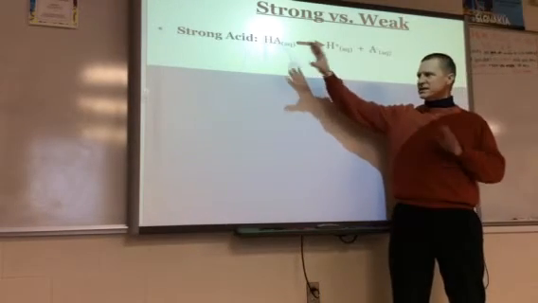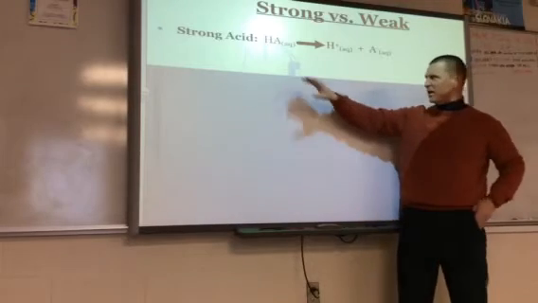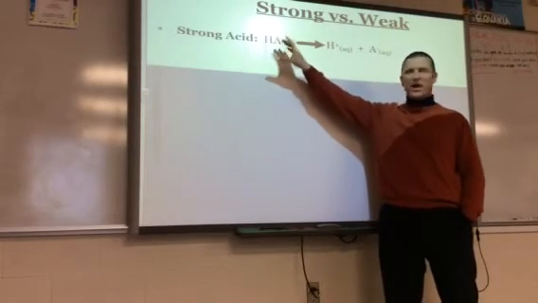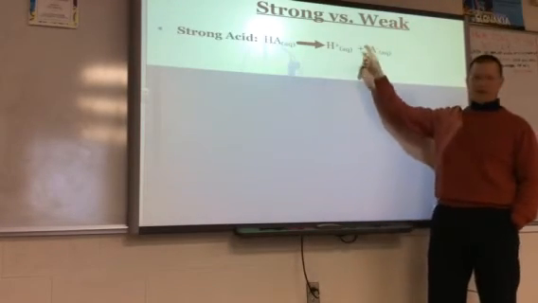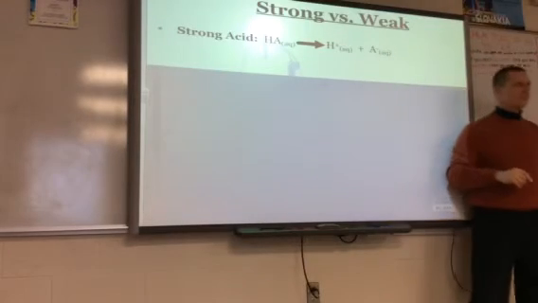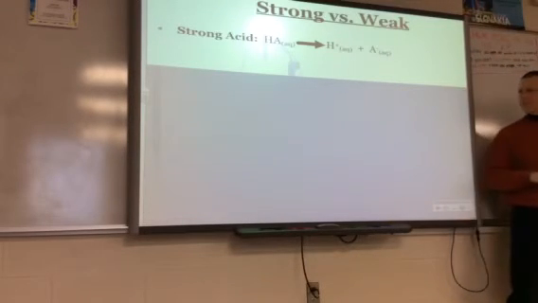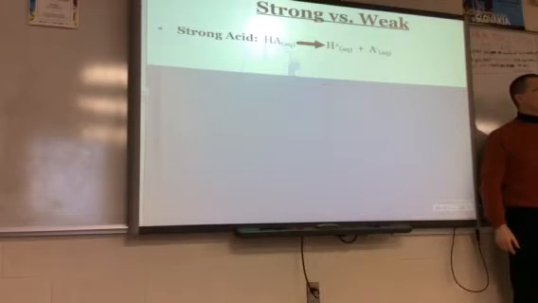So when this thing is done dissolving and reacting, there won't be any of this at all. That will be 0. You'll only have these. You need to know what the 6 strong acids are still.